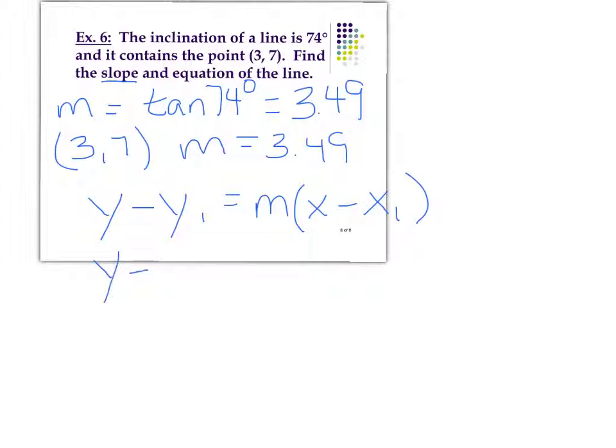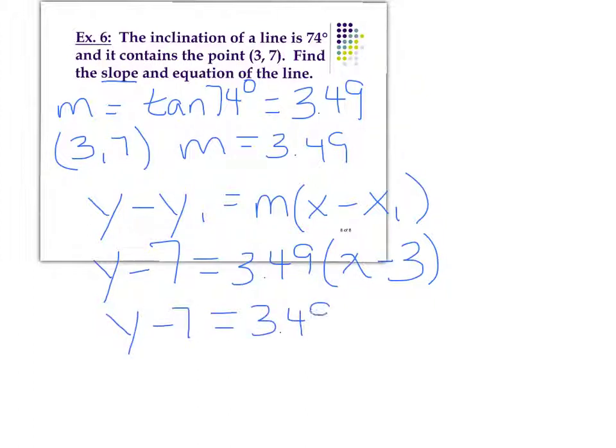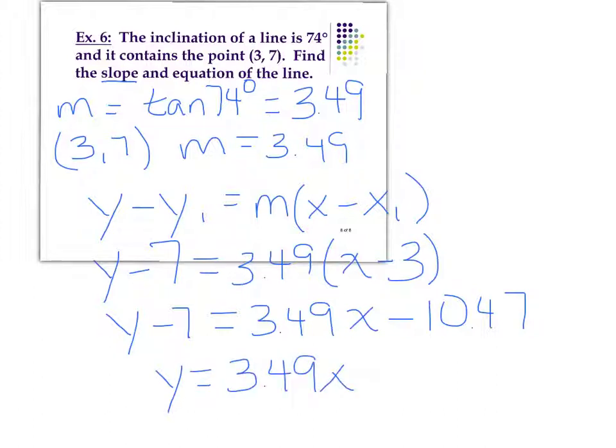So therefore, I'm going to say y minus 7 is 3.49 times x minus 3. I'll multiply through and get y minus 7 is 3.49x minus 10.47. Adding 7 will give me the final equation of y equals 3.49x minus 3.47.